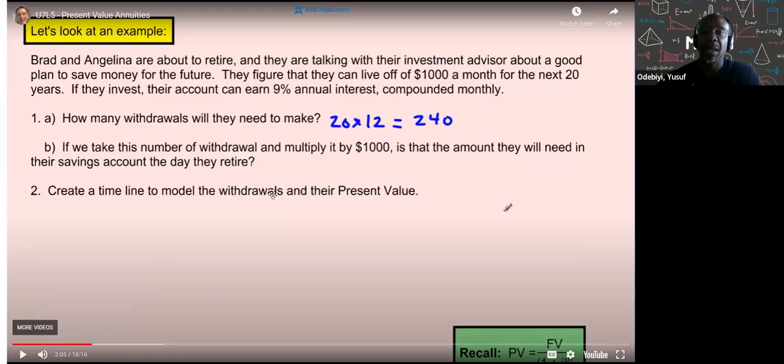Then it says, if we take this number of withdrawals and multiply by 1,000, is that the amount they will need in their savings account the day they retire?